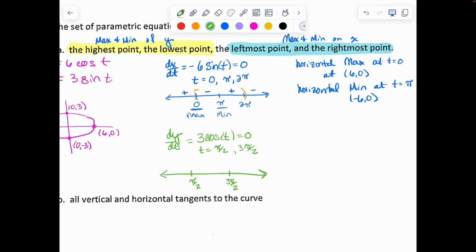Values to the left of that are positive, negative, positive. So we say that we have a vertical maximum at t equals pi over 2, 0, 3. And we have a vertical minimum at t equals 3 pi over 2, and that one's located at 0, -3.